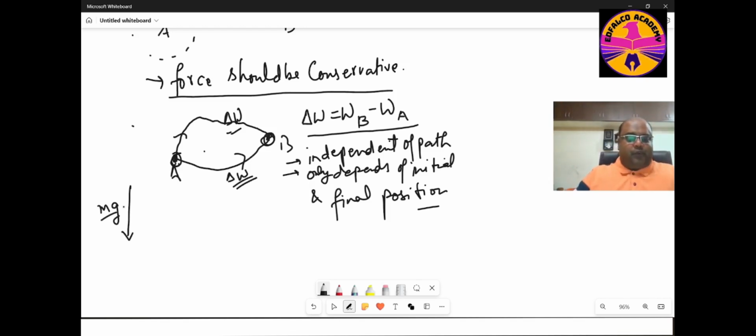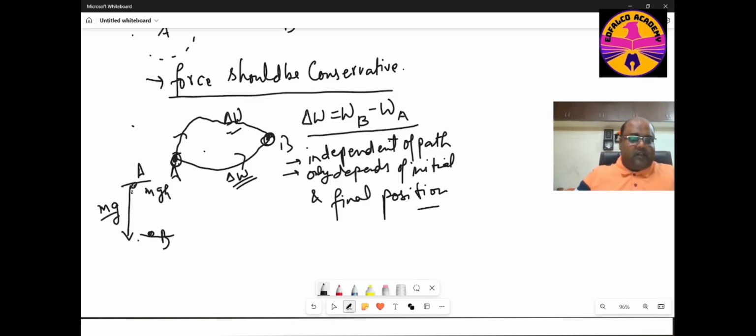Whether it is conservative or not depends on this: suppose the body is moving from position A to position B, the change in energy is solely dependent upon the energy at this level and the energy at the other level B. If the work done depends only on that, then this gravitational force becomes a conservative force. We already know that the energy here can be given as mgh.